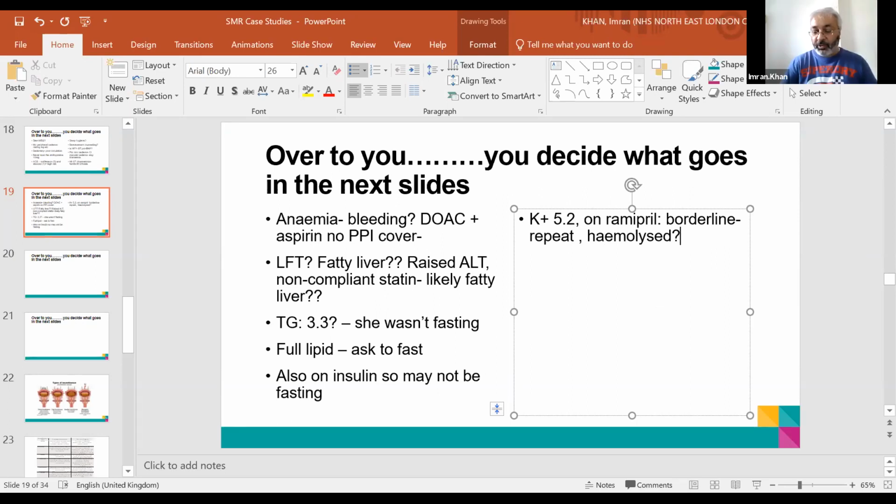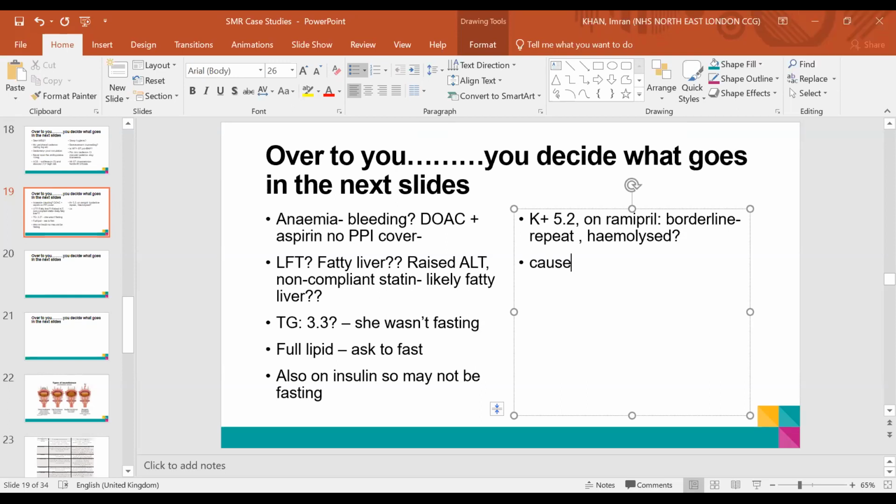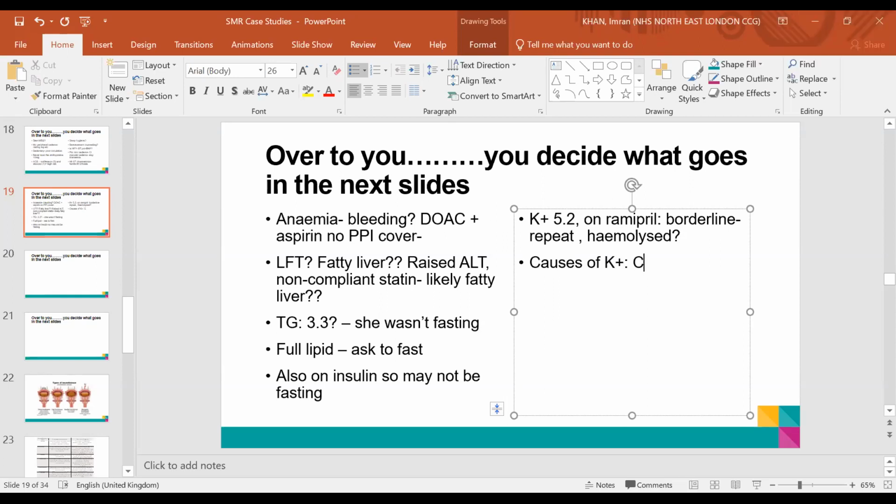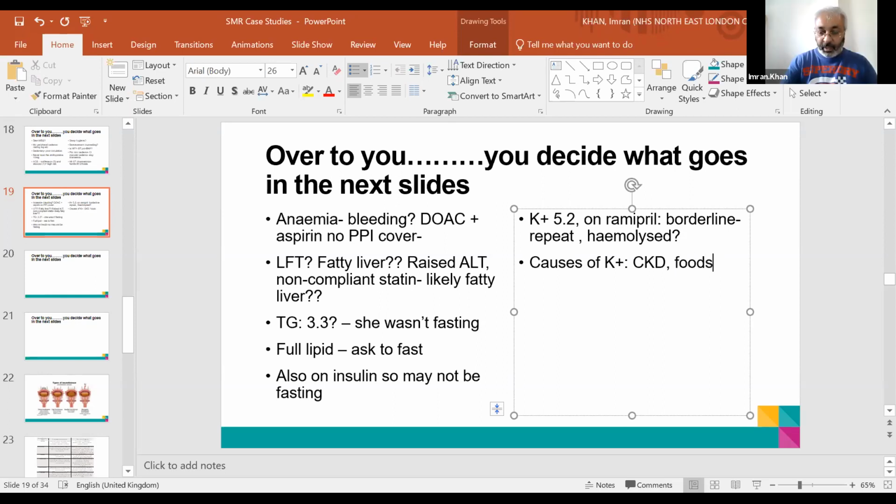What could be the causes of a high potassium, apart from being hemolyzed? Apart from any drugs, what else could cause it? Well, a CKD patient, isn't she? Yeah, that's potential. Any fruit or squash in the diet, sometimes different foods can cause a high potassium.